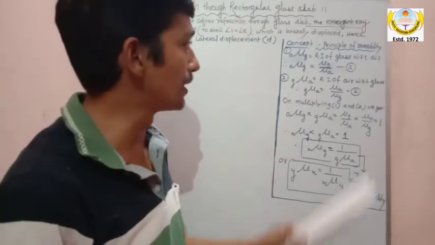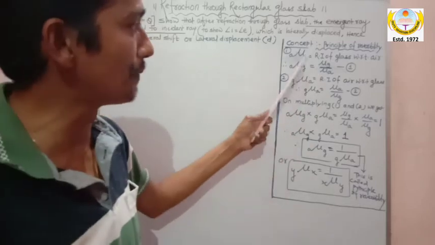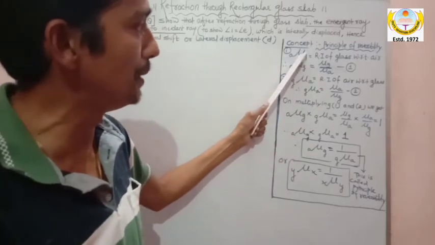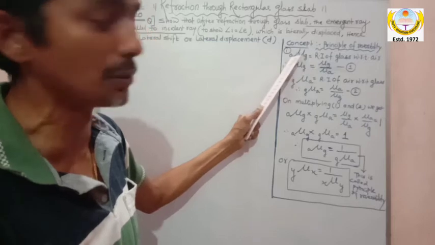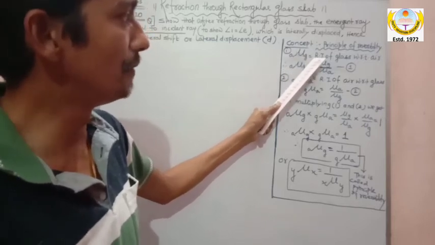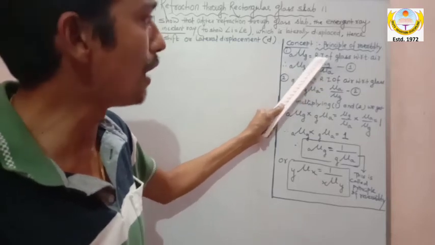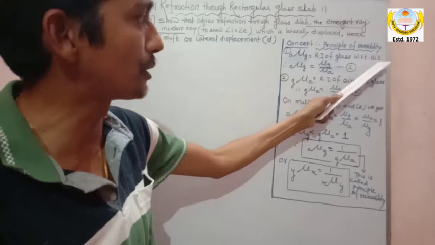So, my dear, what is the principle of reversibility? Look at it. You all know that when I write mu of g with respect to air, we read this as refractive index of glass with respect to air.